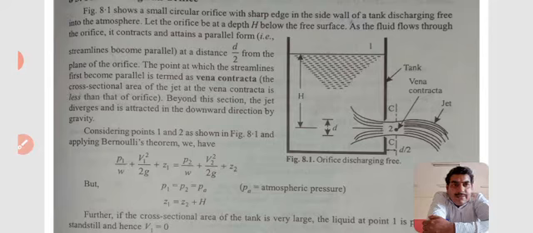The vena contracta is formed at a distance of about d/2 from the container surface, and then the jet is formed. Therefore the CC portion is the vena contracta part.